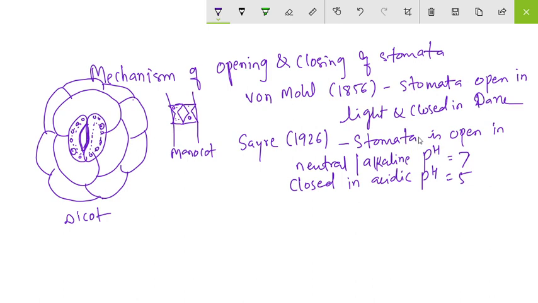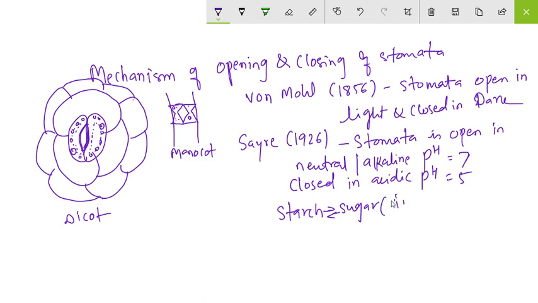This theory is known as the starch-sugar interconversion. That means starch is converted into sugar and sugar is converted into starch.